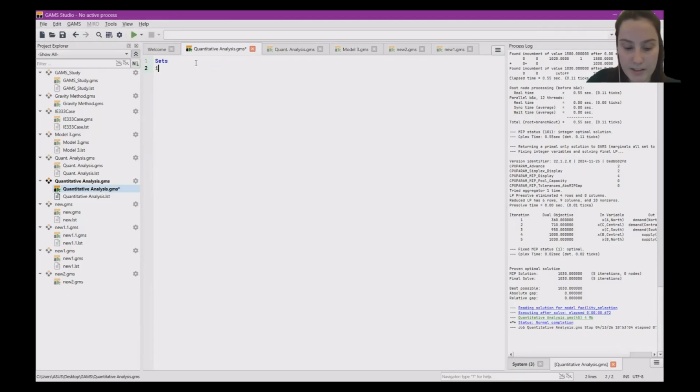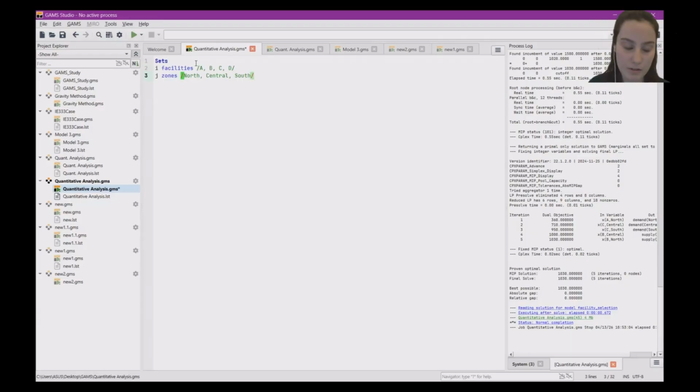We had facilities, I, which were A, B, C, and D. Then we had zones, J, and they were north, central, and south.